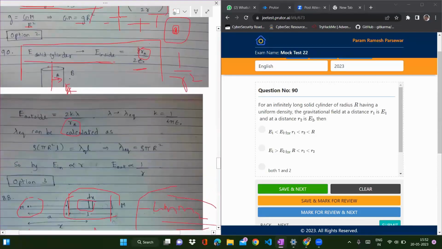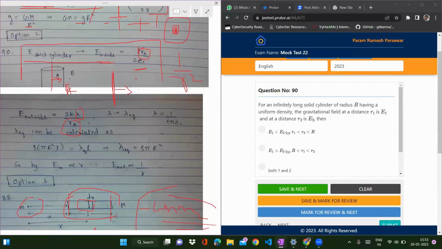comes out that as we know, for an infinitely long line of charge, if lambda is its charge per unit length, and k is 1 by 4 pi epsilon naught, then the electric field at any point B which is at a perpendicular distance RB is given as 2k lambda by RB.